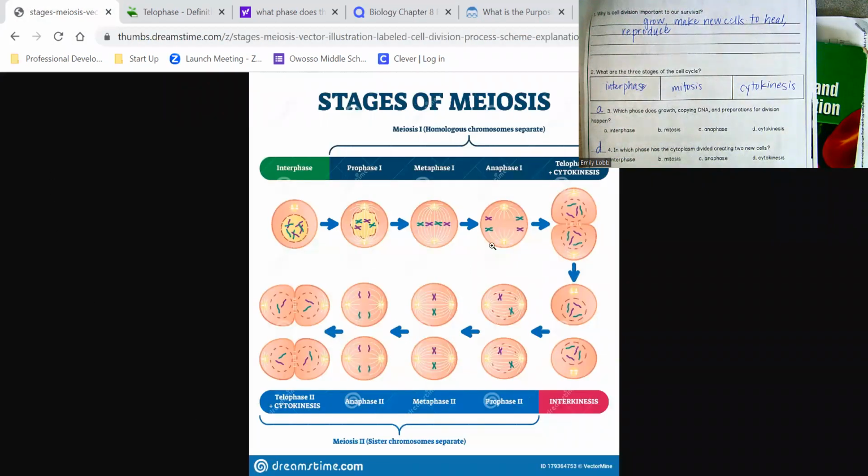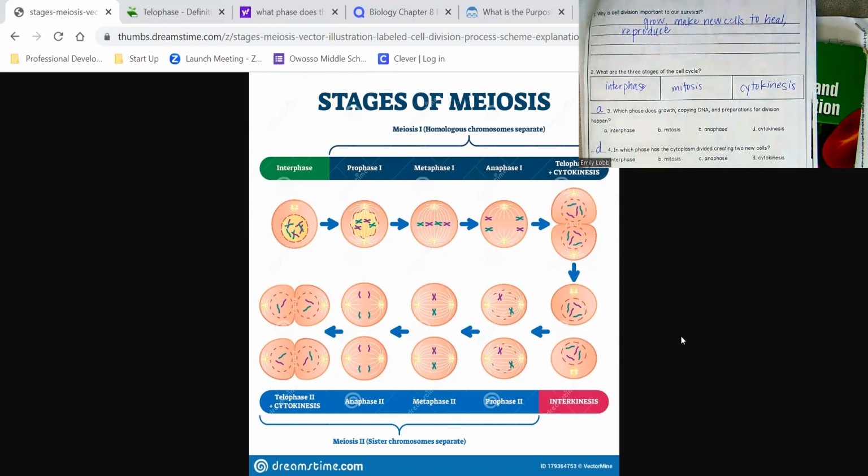Meiosis 1 is on top here. Meiosis 2 is on the bottom here, this blue section, right? So how are they different? Let's make some observations from that chart.